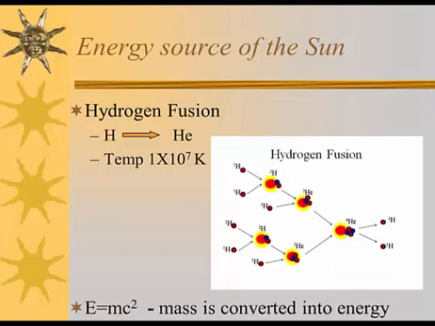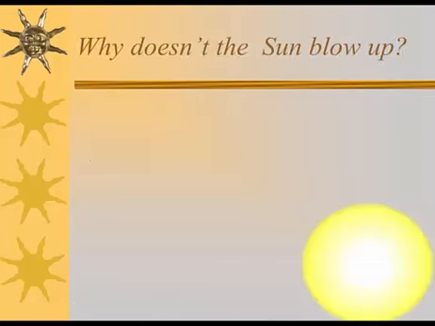Keep in mind, it was Albert Einstein who came up with the famous equation E=mc², describing the proportional relationship between energy and mass. In the process of nuclear fusion, energy is created when mass is lost during the fusion reaction. When people realize that the Sun is undergoing nuclear reactions, a common question is, why doesn't the Sun blow up?